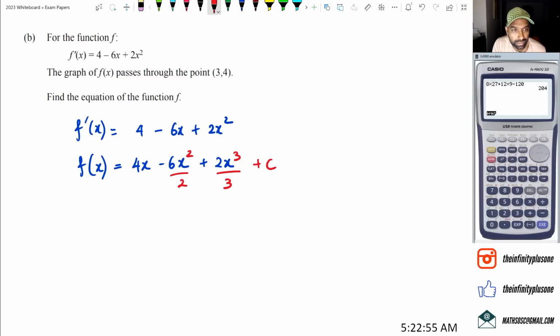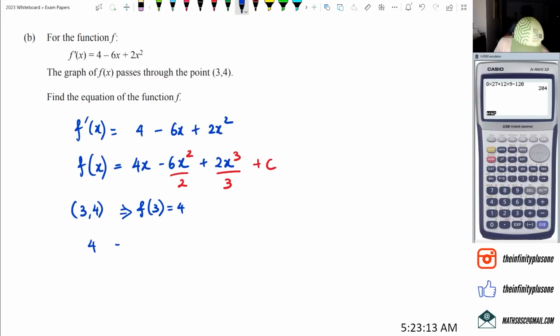That's really important. Now it says that it's going to go through (3, 4), so we're going to substitute in. Just another way of writing this is f of 3 is equal to 4.